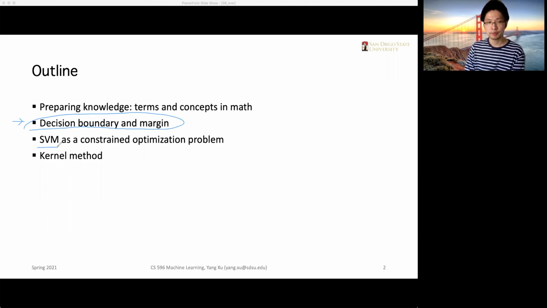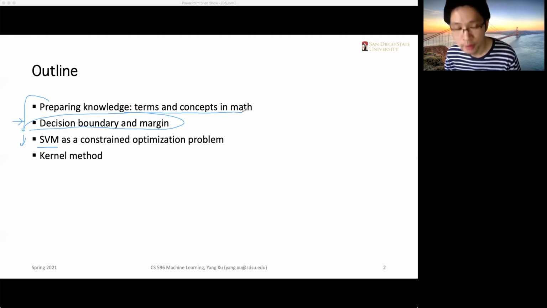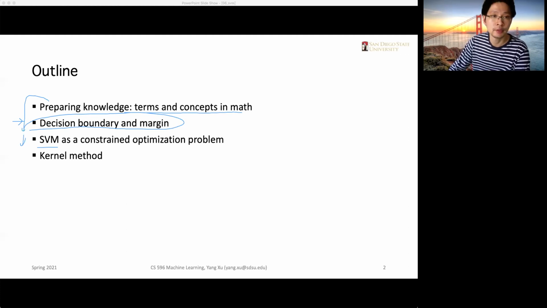Then we define SVM, with the knowledge that we prepared, as an optimization problem, and we try to solve it with the standard solutions typically used for optimization problems. I know it's a lot of terms involved, so don't worry too much. Let's get started with the preparation step.